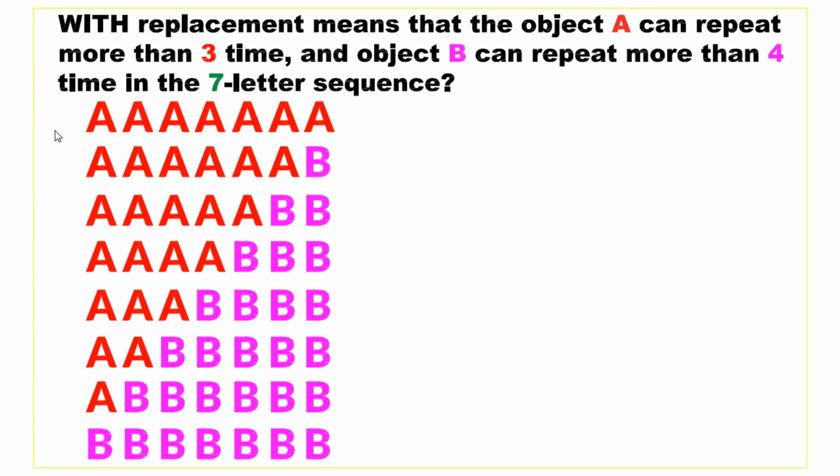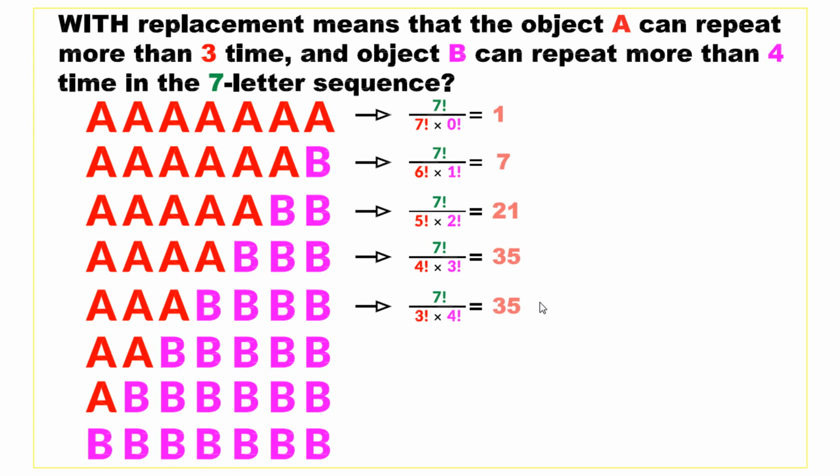And now we write the corresponding permutation for each word. So for the first word we have this permutation, it's only 1. For the second word we have 7, and we continue doing that until the end.